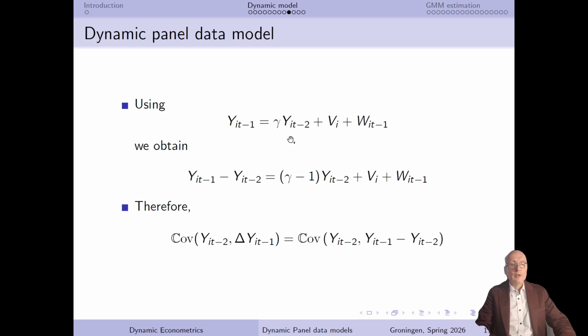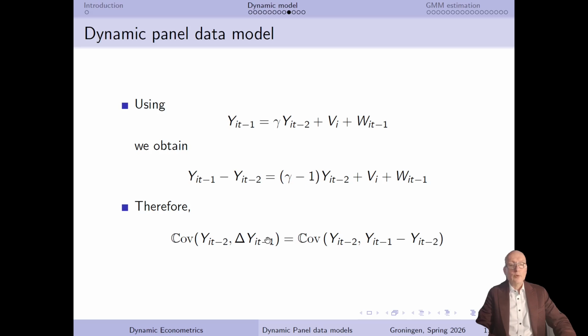Then we can consider our covariance. The covariance that we are interested in is the covariance between y_{i,t-2}, that's our instrument, and our endogenous variable Δy_{i,t-1}. We want to prove that our instrument is relevant, so it should be correlated with our endogenous regressor Δy_{i,t-1}, which implies that this covariance term should not be equal to 0.